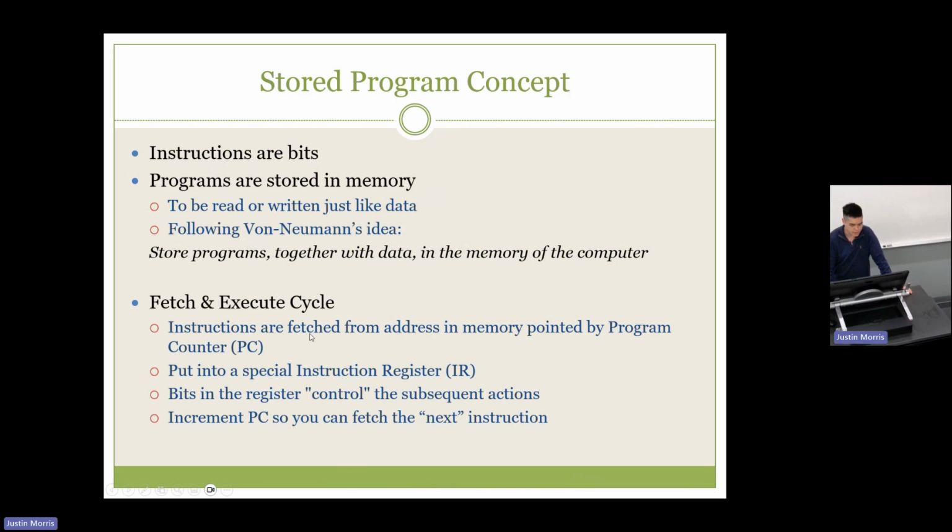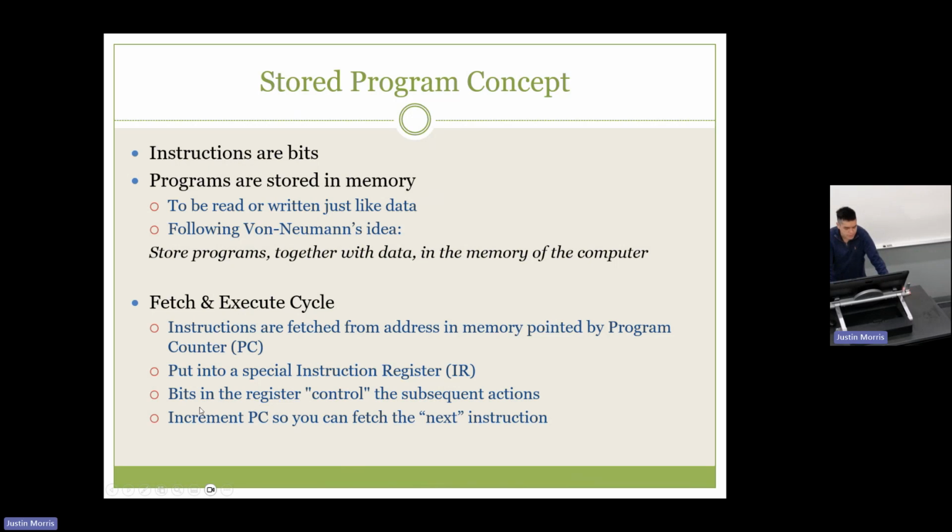Then in order to execute, we first have to fetch our instruction from memory and put it into the data path of the processor. The specific place that it goes to is the instruction register, and how we know where we are in our program is with the program counter. So these are two very important registers.